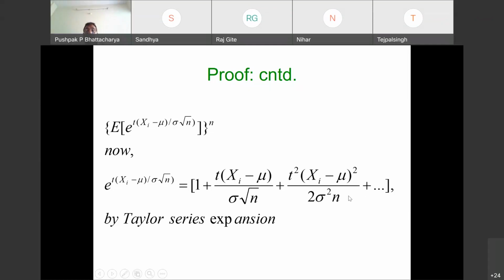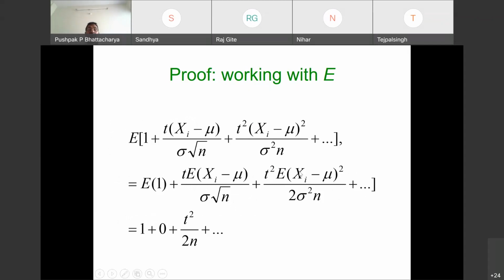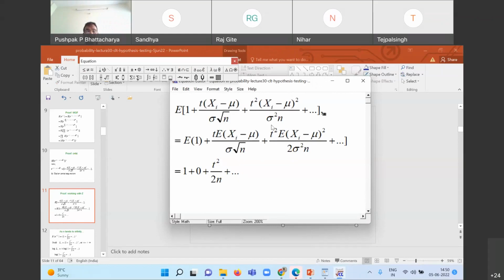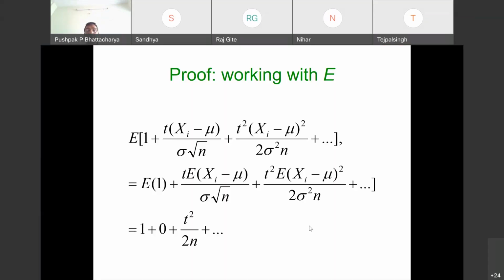Okay, so if we do so, then we come to the expectation of 1 plus t into the expectation of (xi minus mu) by sigma root n plus t square into the expectation of (xi minus mu) square divided by 2 sigma square n, and so on. So the expectation of 1, which is a constant, is 1.